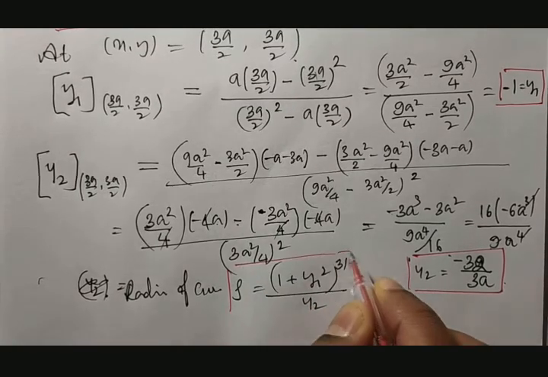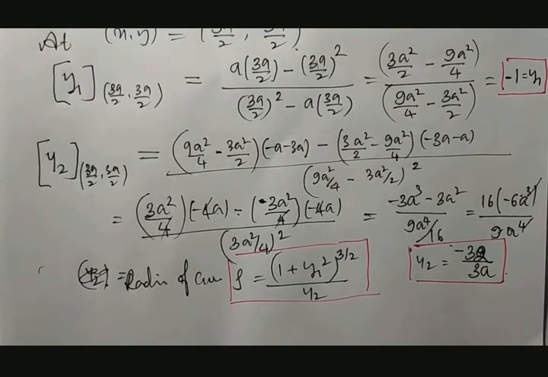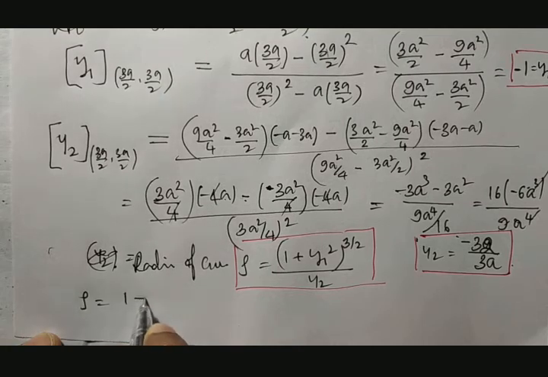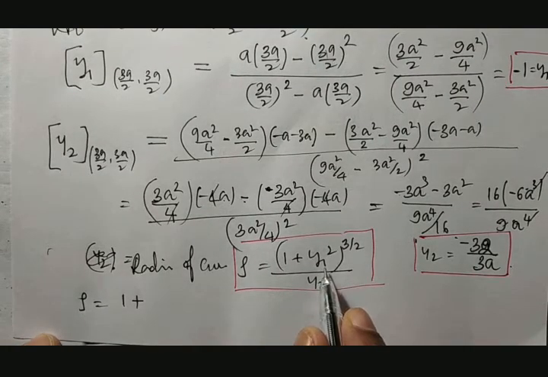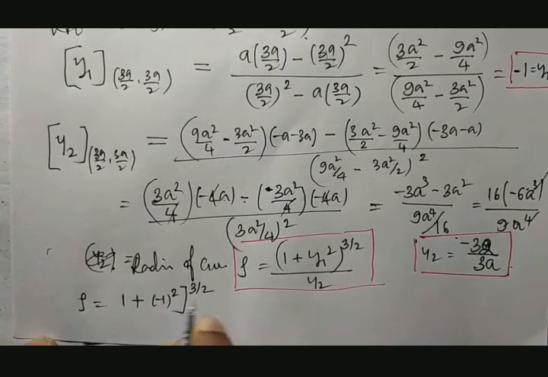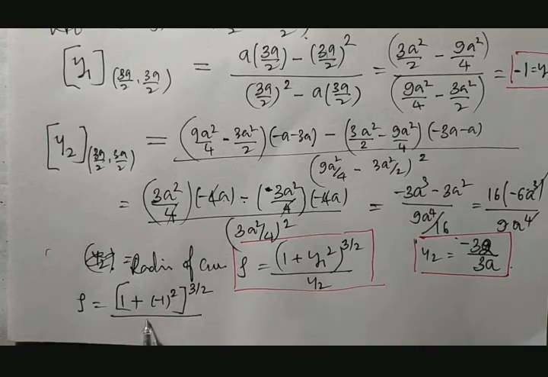Put it here. Then rho is equal to 1 plus y1. What is y1? Minus 1 the square that raised to 3 by 2 divided by y2. What is y2? Minus 32 divided by 3a.